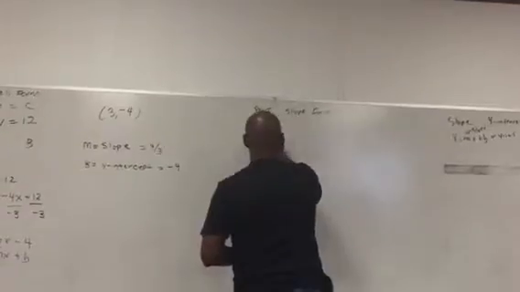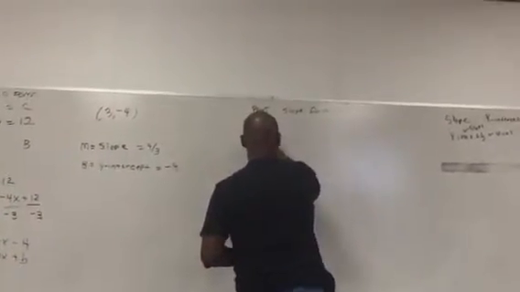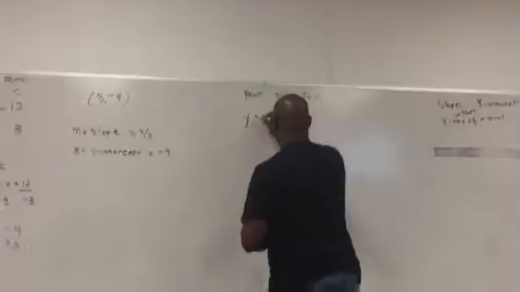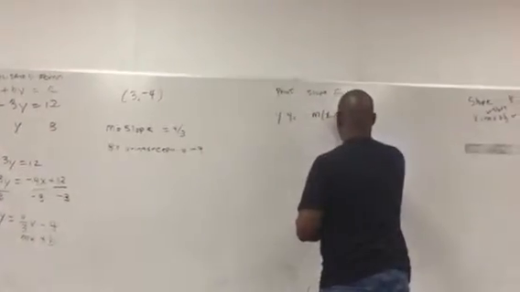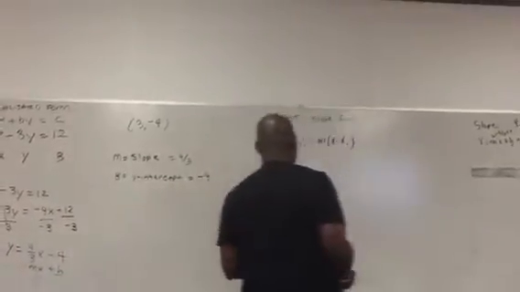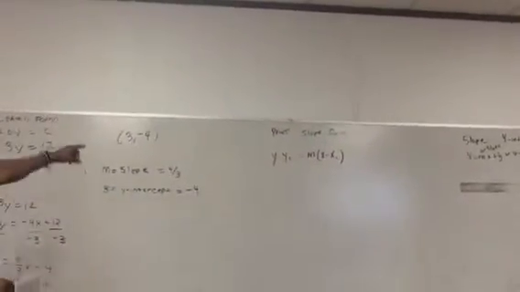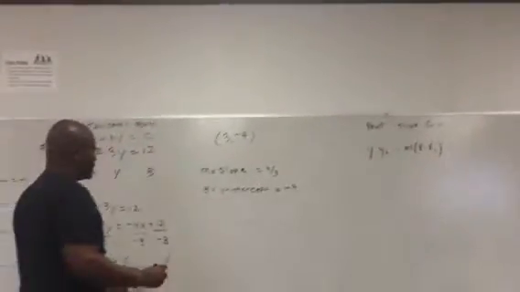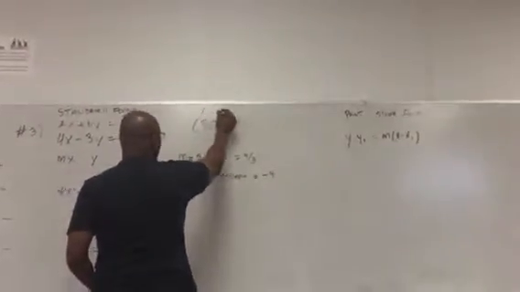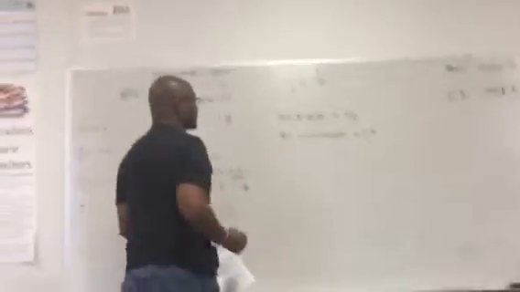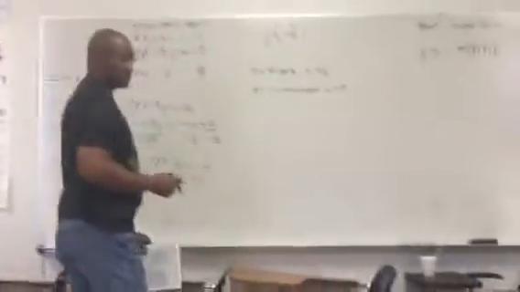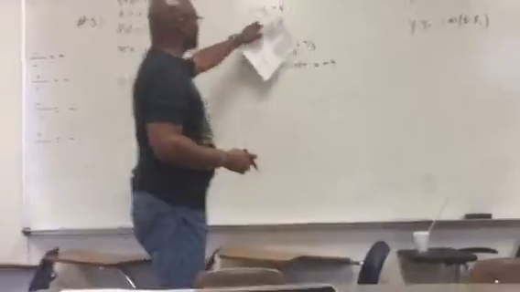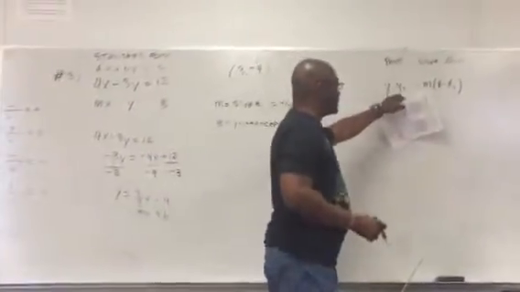That formula is y minus y1 is equal to the slope times x minus x1. They gave us the point here. The point is 3 and -4, so this is x1 and this is y1. And then I have my slope, which is 4/3. So just substitute these numbers in for the variables.